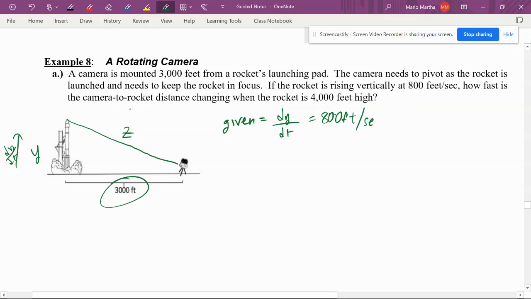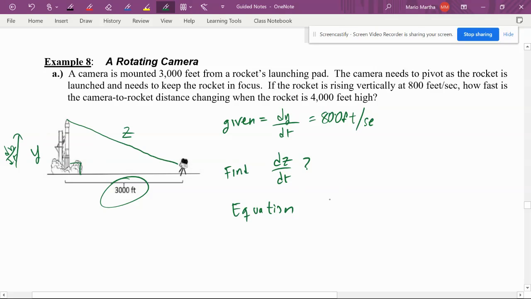And then how fast is the camera to rocket distance changing? So we need to figure out dz/dt. And then we need to find the equation we're going to use. In this case, if you haven't figured it out, it's already a right triangle.